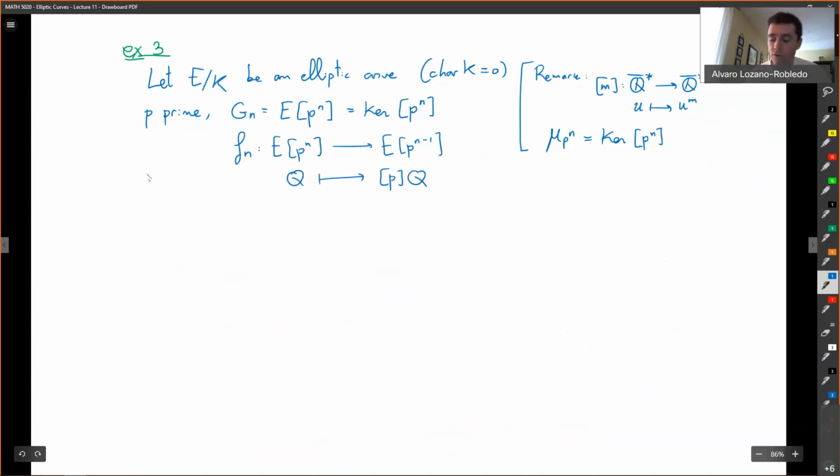If I have a point of order p to the n, when I multiply by p, the image has order at most p to the n minus 1. Then we define the inverse limit of these groups of torsion. That is what we call the Tate module of the elliptic curve.